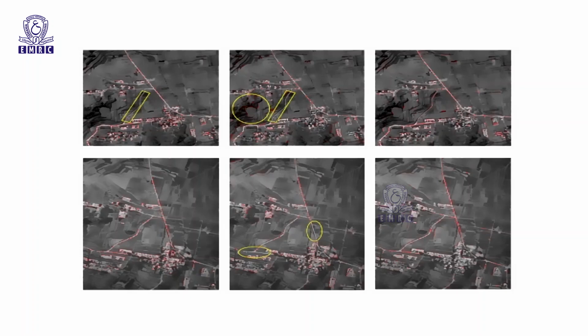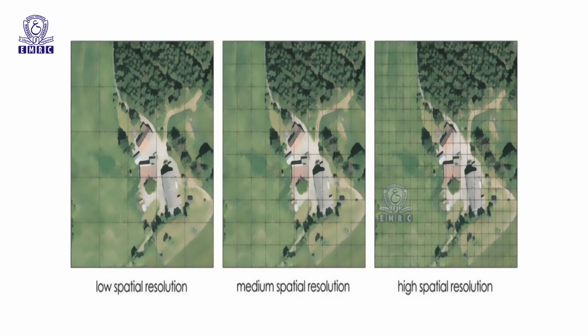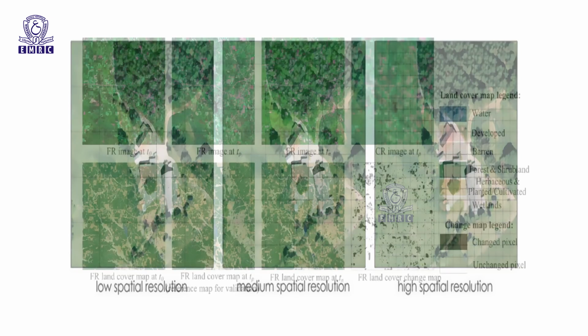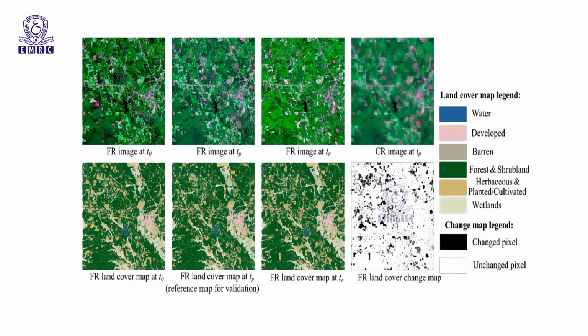Sensors having coarser resolution provide much less detail than the high spatial resolution sensors. Because of the level of detail the sensors provide, they are used for mapping at different scales. High spatial resolution sensors are used for large scale mapping, small area mapping, whereas coarse spatial resolution data are used for regional, national, and global scale mapping.